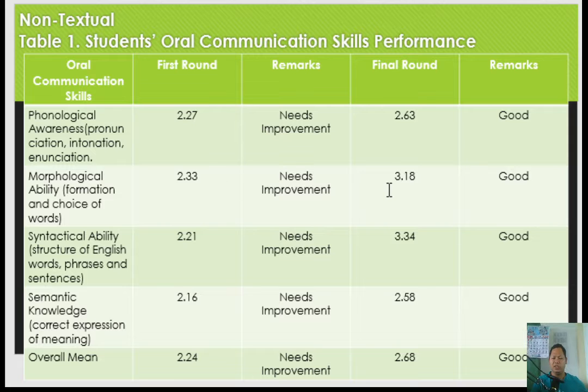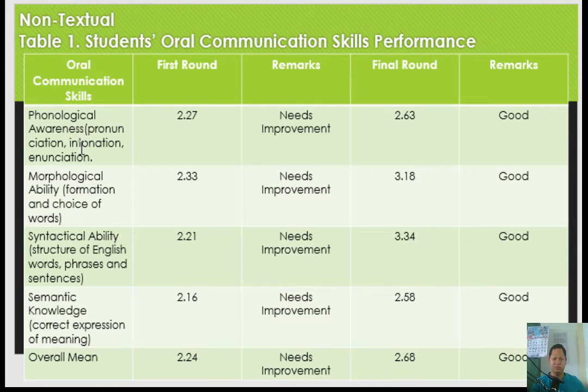As you can see here, you're trying to compare the results from the beginning of the intervention, then after the intervention, if there is any significant improvement. From the table, you can clearly see that the intervention is good, because it improved the oral communication skills of the students based on these 4 criteria.